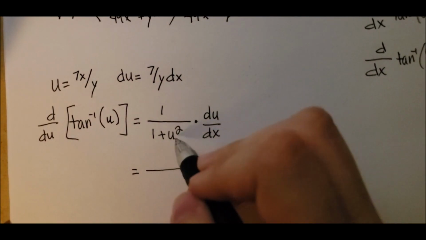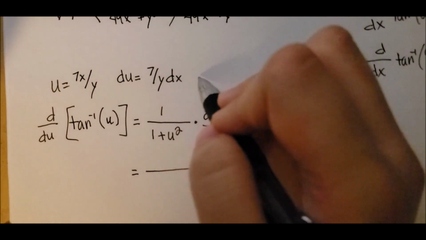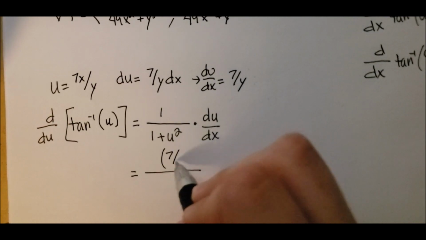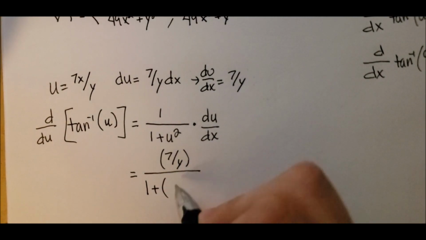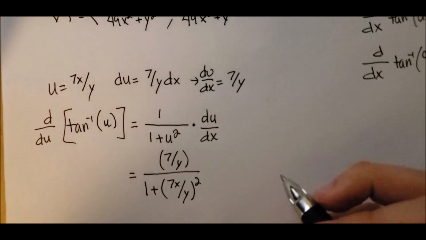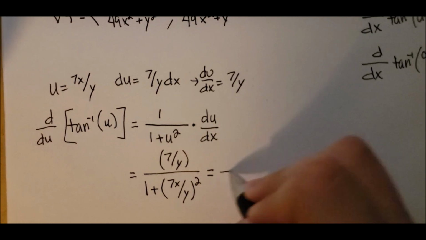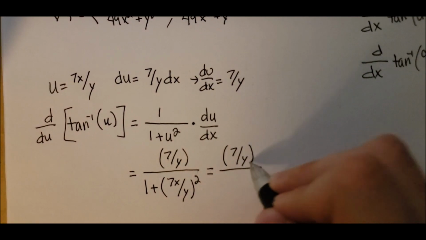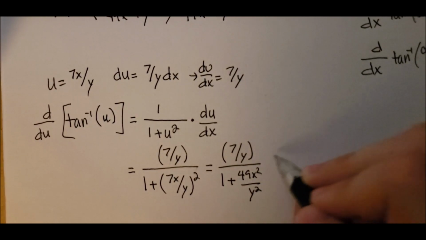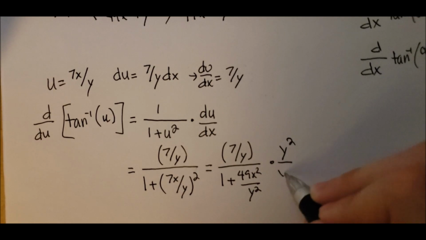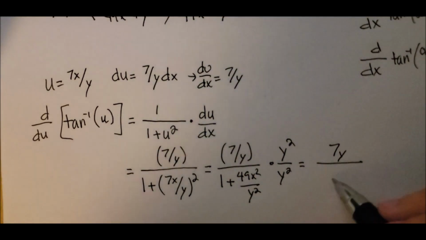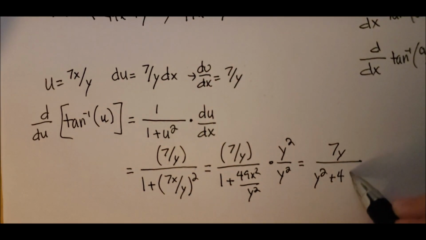So du/dx is 7 over y. U was 7x over y. So if I multiply top and bottom by y squared, that would give me 7y in the numerator, and then y squared plus 49x squared.